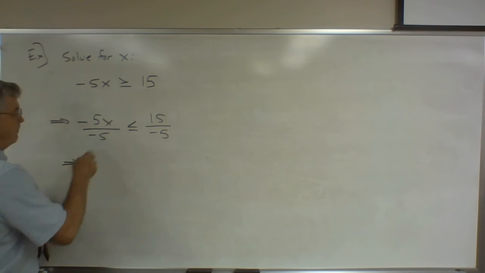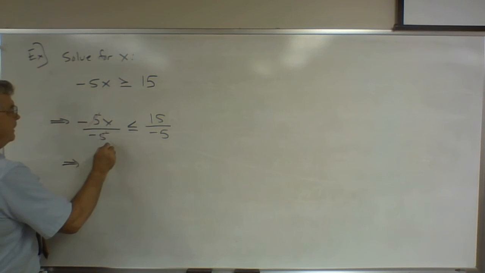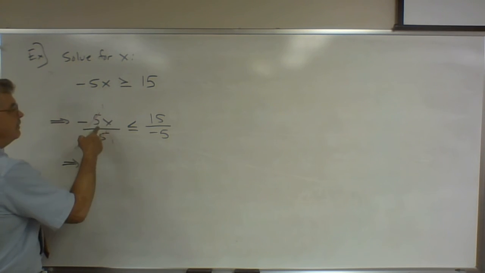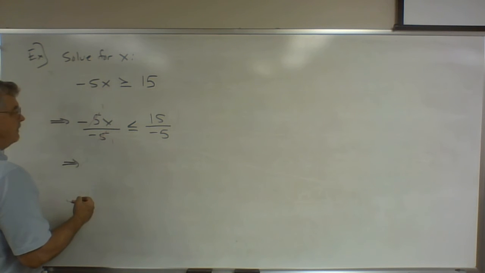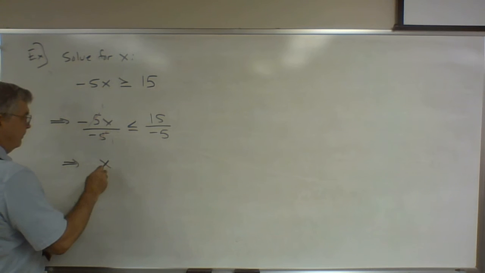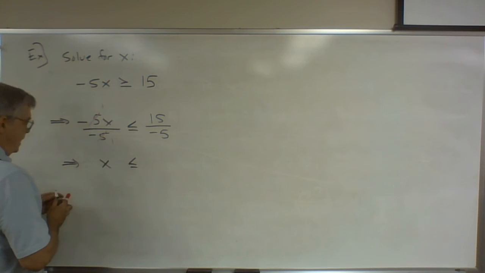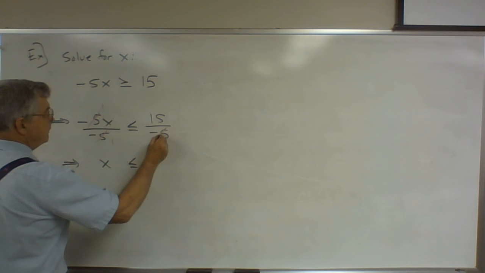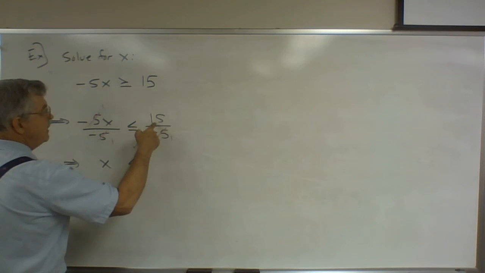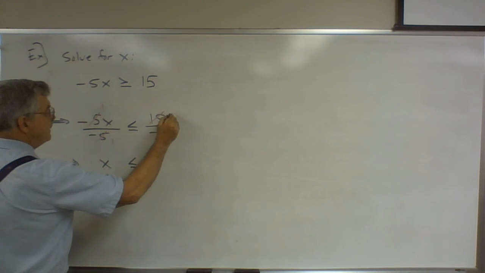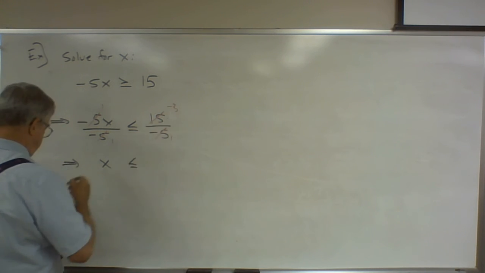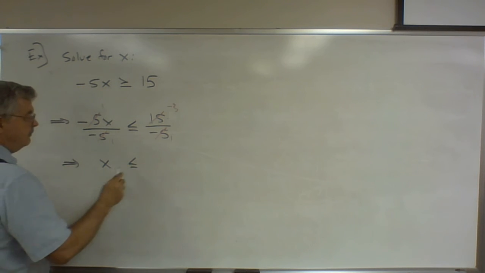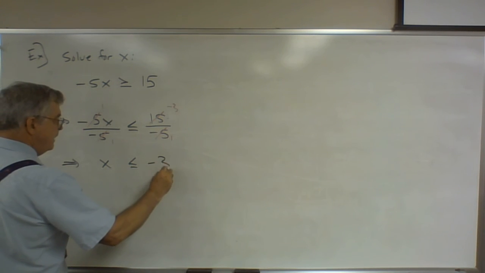And let's see what happens. Cancel, divide both sides by -5, divide top and bottom by -5, and just get x. And I divide top and bottom by -5 here, so on the bottom I get 1. Divide 15 by -5, I get -3. So x is less than or equal to -3.